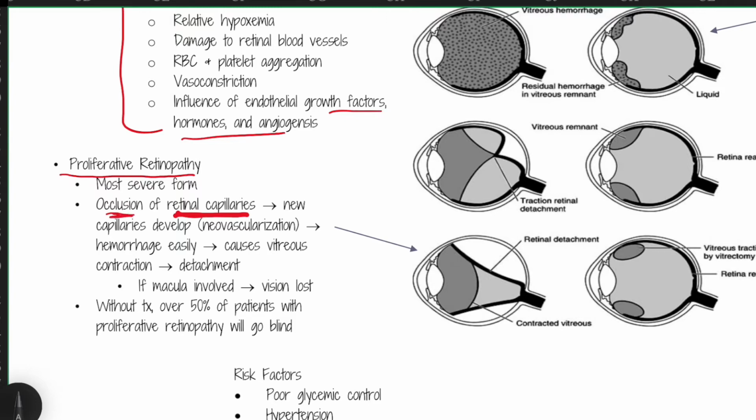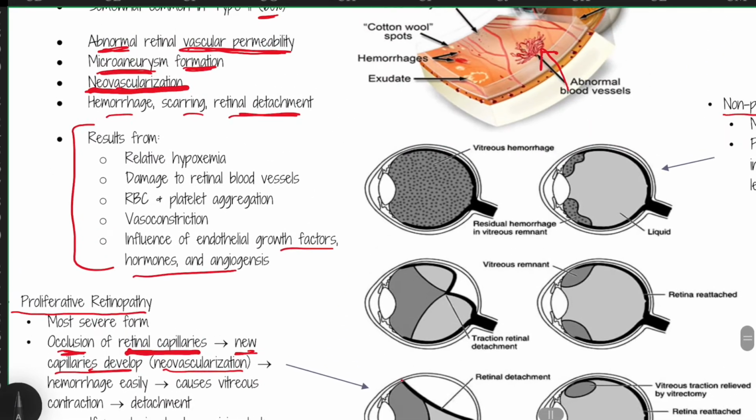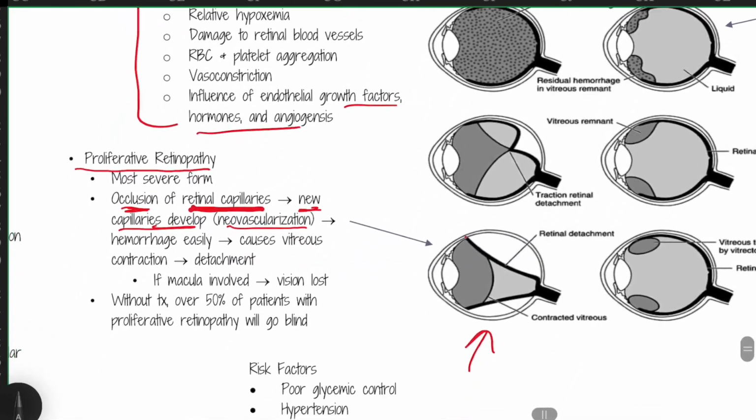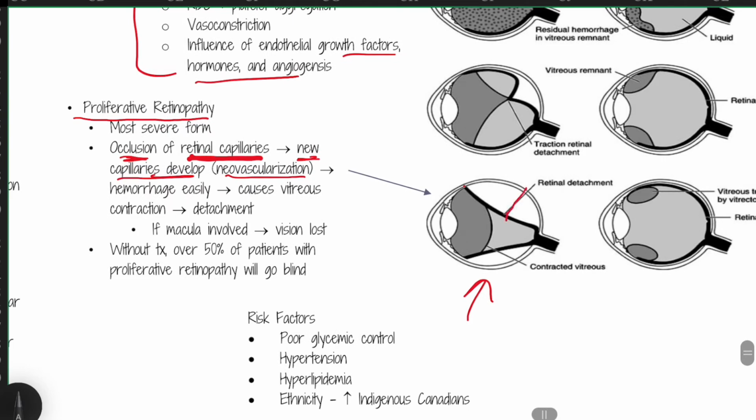When this occlusion happens, there are new capillaries, so there's collateral circulation. There's neovascularization, but these new capillaries are very, very weak. They hemorrhage really easily, and they cause a contracted vitreous. If you look at this picture, it's pulling that vitreous area away from the wall.